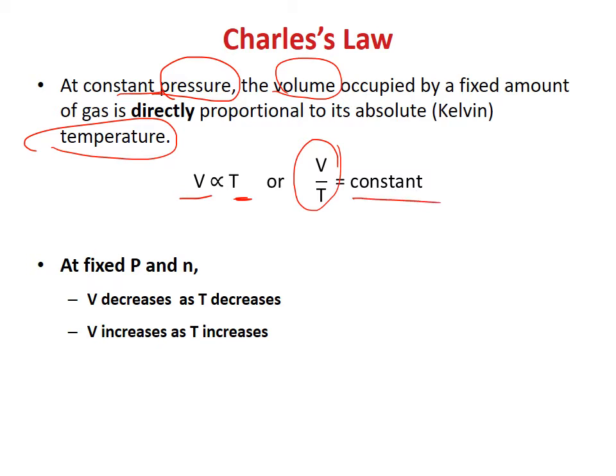So if the ratio is constant, then when one increases, the other must also increase. When one decreases, the other must also decrease. And that's Charles's law. Pressure and number of moles are kept constant. Volume and temperature are proportional to each other.